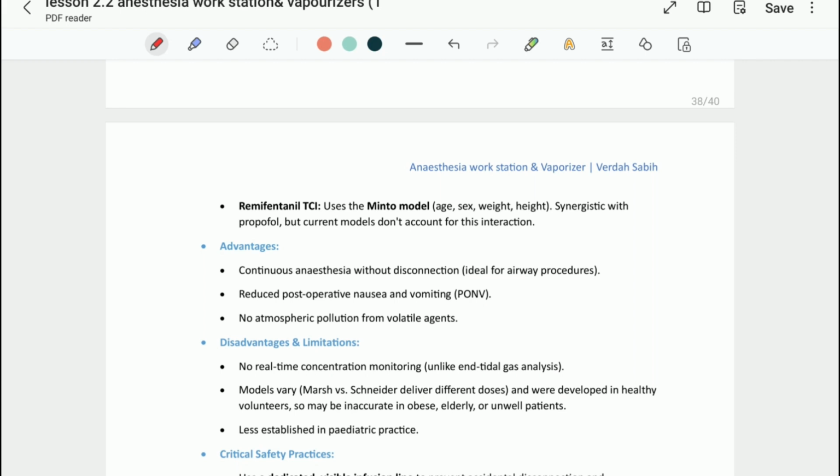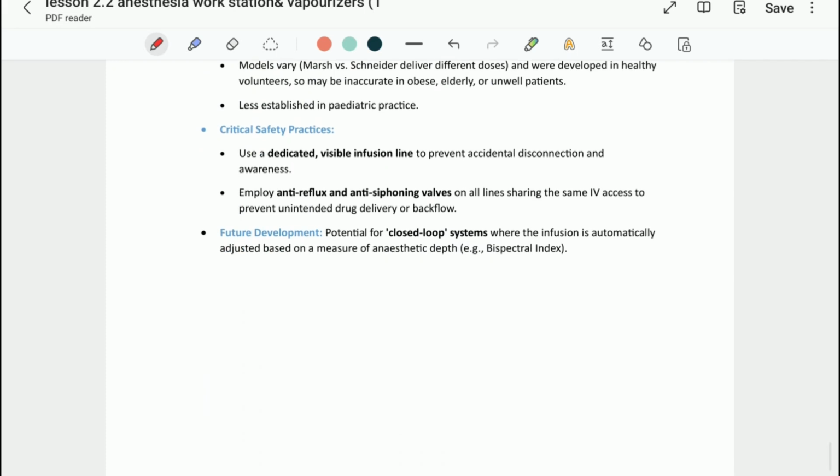The disadvantages and limitations include that there is no real-time concentration monitoring, unlike the end-tidal gas analysis, and the models vary, like Marsh versus Schnider delivering different doses, and they were developed in healthy volunteers, so they may be inaccurate in obese, elderly, or unwell patients, and they are less established in pediatric practice.